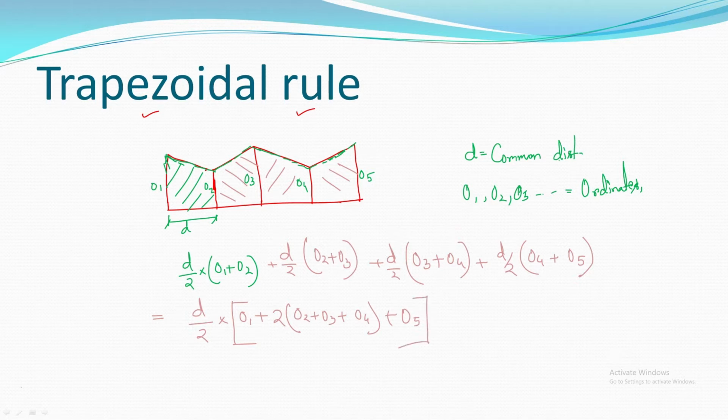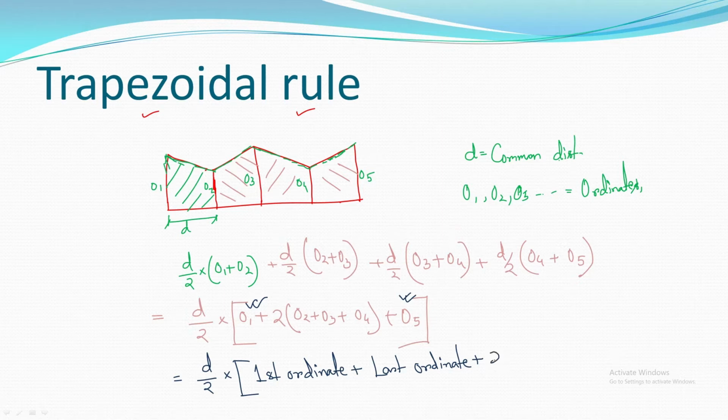So this is actually the formula of the trapezoidal rule. That means it will become d by 2, the common distance by 2, into first ordinate plus the last ordinate, plus 2 into sum of other ordinates.